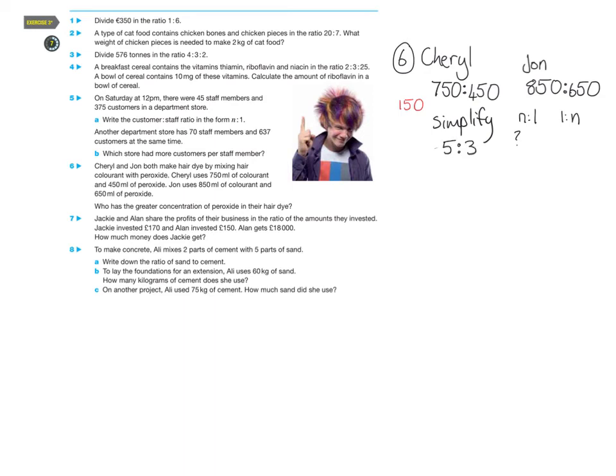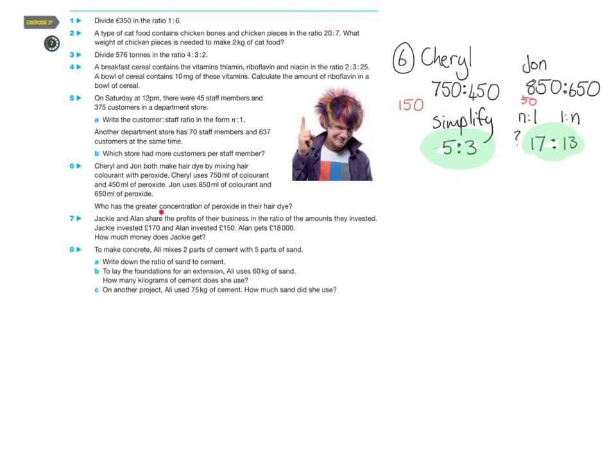In a similar fashion, we can simplify John's amount by dividing both by 50, and that gives us an answer of 17 to 13. The problem at this point is we can't figure out which proportion is better just by looking at it. So we're going to have to use one of these other measurements, either n to 1 or 1 to n.